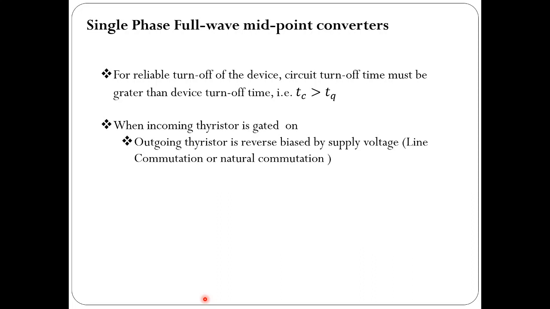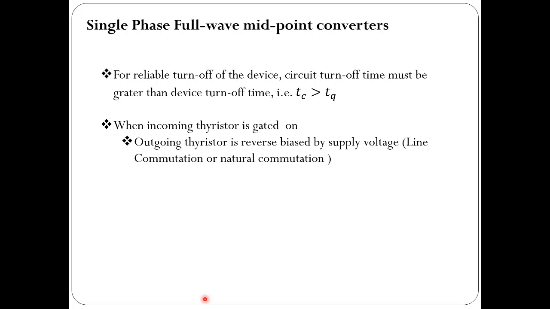When the incoming thyristor is gated on, supplied with the gate current, the outgoing thyristor is reverse biased by the supply voltage or 2 times the supply voltage. So it is automatically turned off. The current through the outgoing thyristor becomes 0, and immediately reverse voltage is applied. So no separate circuit is designed to apply reverse voltage or to turn off the SCR.